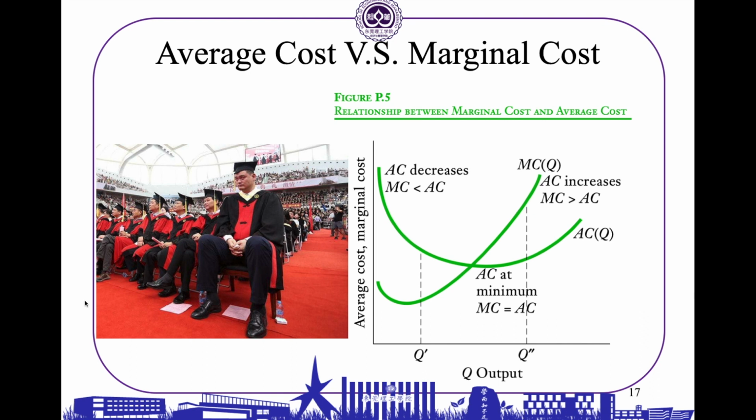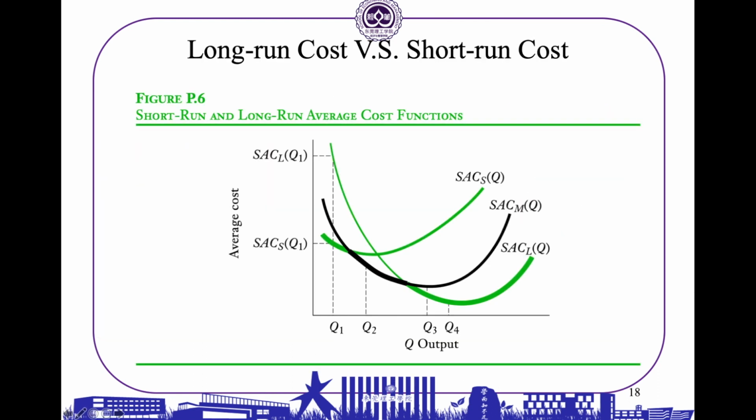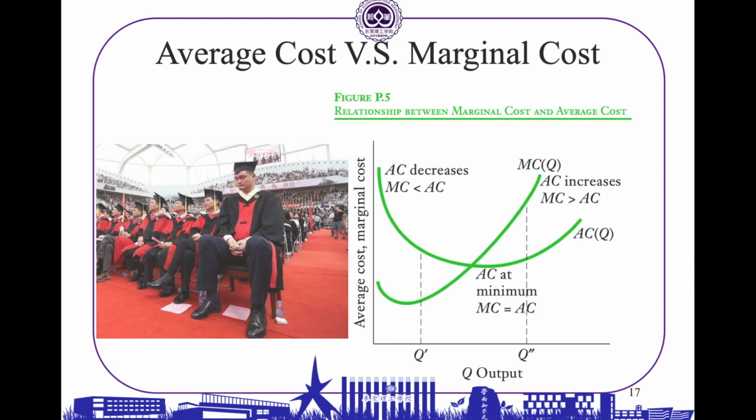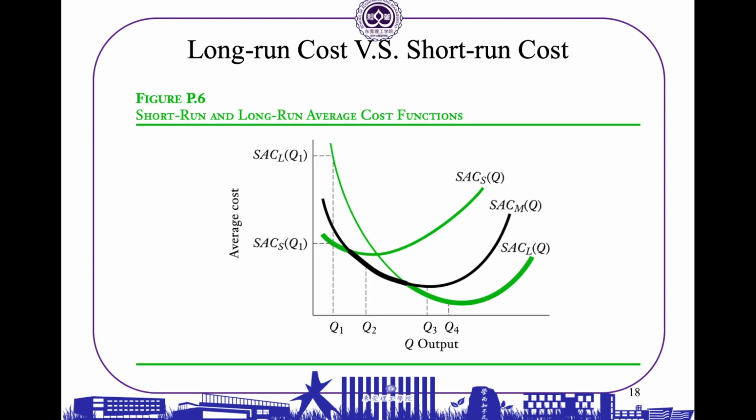Furthermore, the average height will increase due to Yao Ming's participation in our class. So we can observe that average height increases as the marginal height is larger than average height. The same intuition can be built for the cases of lower marginal height and the same marginal height.